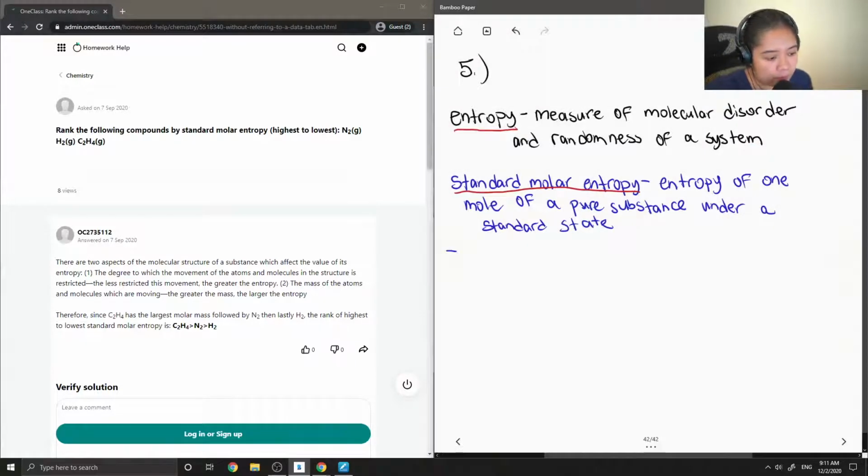Okay, so just another point I'd like to add with standard molar entropy is that when you have a larger and a more complex molecule, these tend to have a higher standard molar entropy.